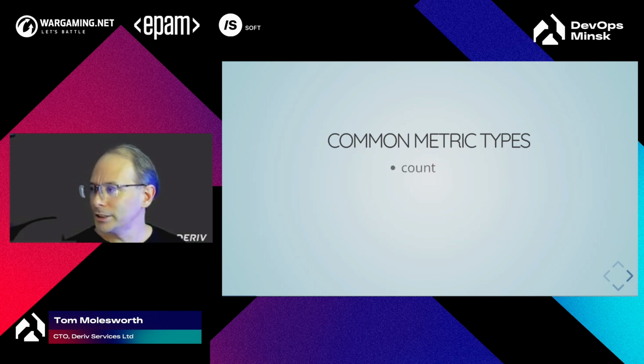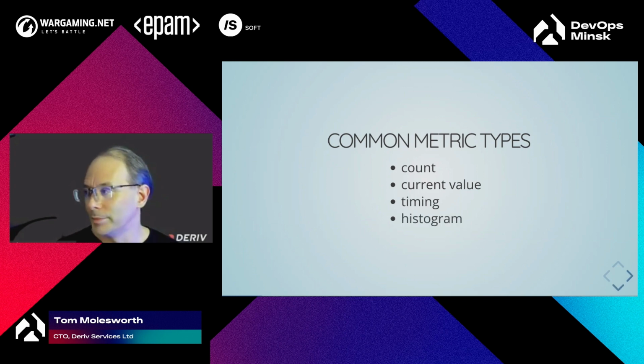So that's those. The common metric types. We've covered count and gauge for the current value and timing. Histogram is very similar to timing, but it's more of a generic concept where you want to get a better view of the data over time.